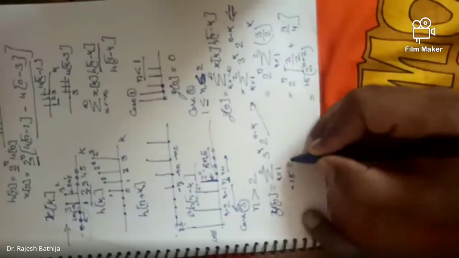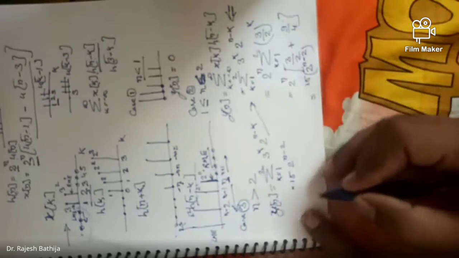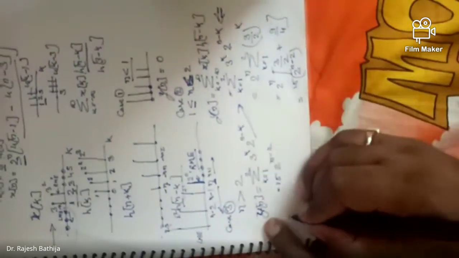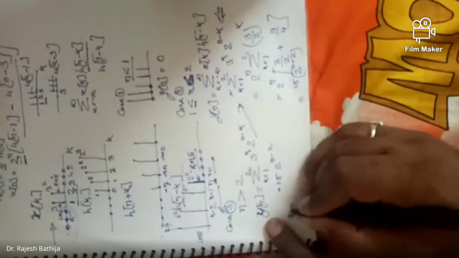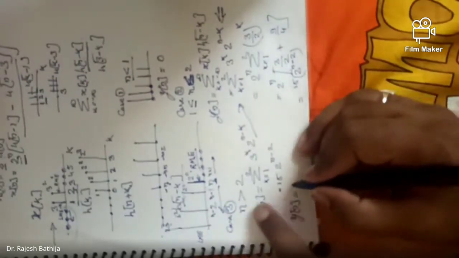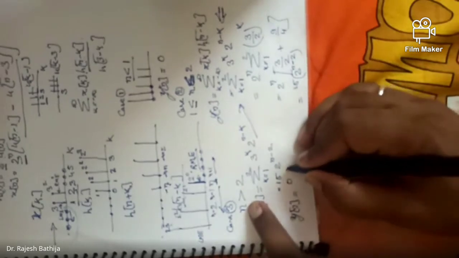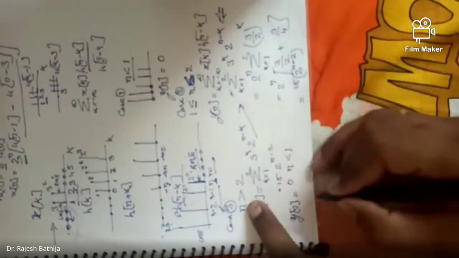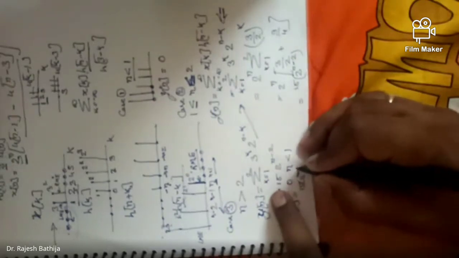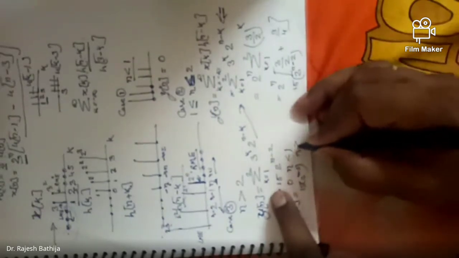Right? So result will be 15 into 2 to the power n minus 2, and because of this, results are same. We can write it combinedly, the y of n, in the following form. Yn is 0 for n less than 1, and it is 15 into 2 to the power n minus 2 for n greater than equal to 1.